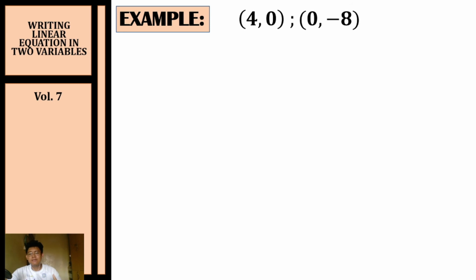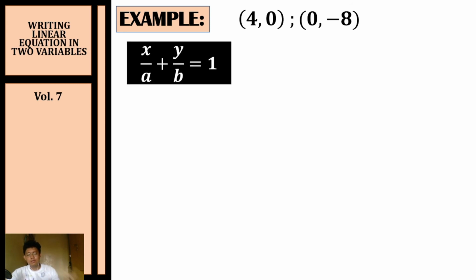So since we're given the intercepts, we're going to use the intercept form instead of the 2-point form. Let's use the intercept form. So substituting the values of a and b. So our a is equal to 4 and our b is negative 8. So let's substitute x over 4 plus y over negative 8 is equal to 1.